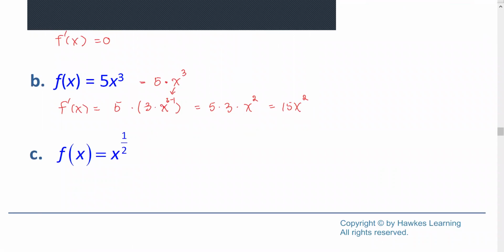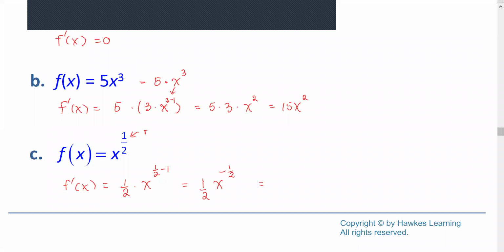Next example, for f of x equals x to the power 1/2, the power r is 1 over 2, or 1/2. So f prime x equals 1/2 multiplied by x to the power 1/2 minus 1. Simplify to get 1/2 x to the power negative 1/2.